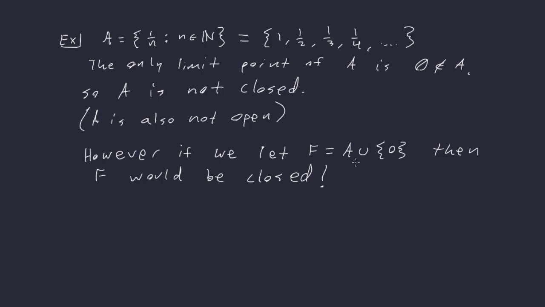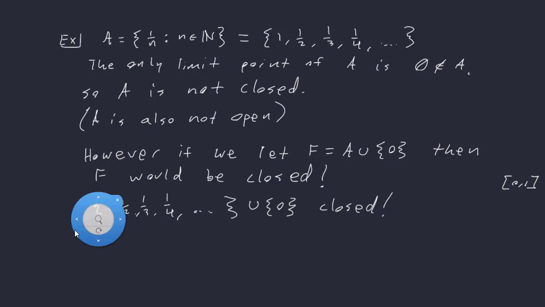We're used to closed sets being intervals that look like 0 to 1. But if we took the set 1, 1/2, 1/3, 1/4, and just unioned it with 0, the one limit it has, this is now closed.